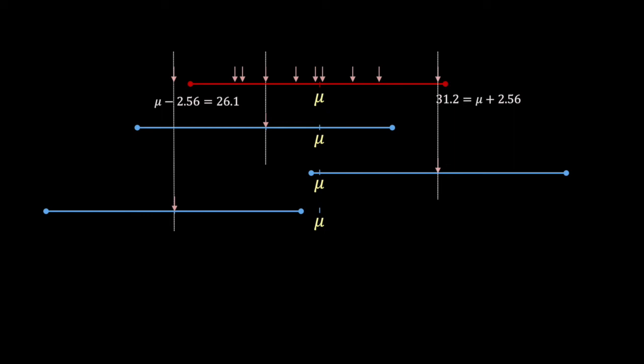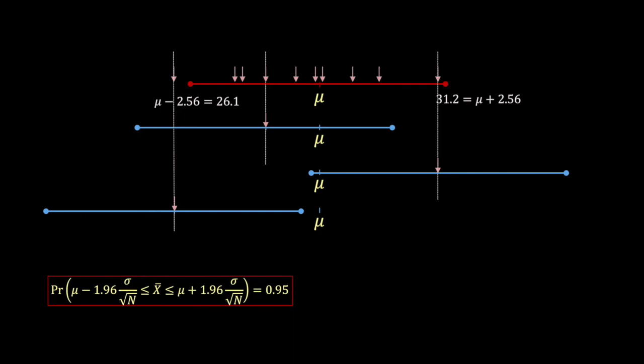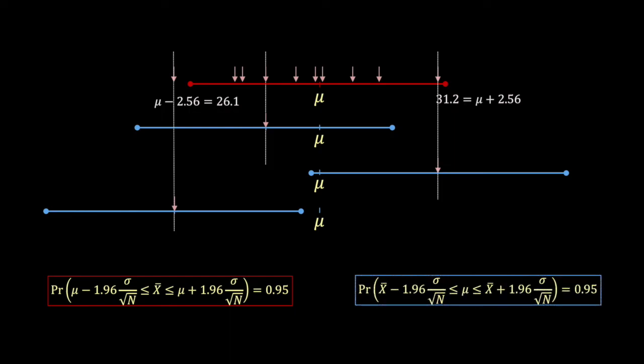So the reason I'm doing this is to make the point that the statement we just made, that the mean is going to fall within a very specific interval according to the normal distribution with 95% probability, is equivalent to saying that if I take successive samples and compute the means, I can construct intervals using these numbers such that with probability 95% they contain mu.